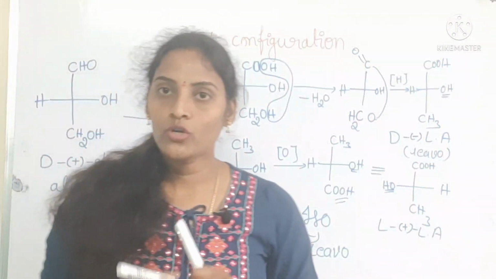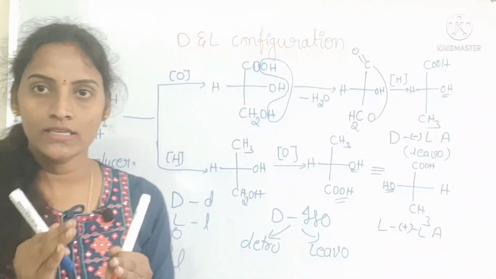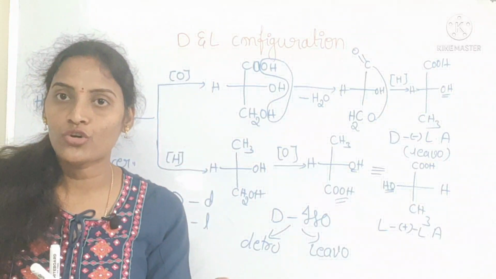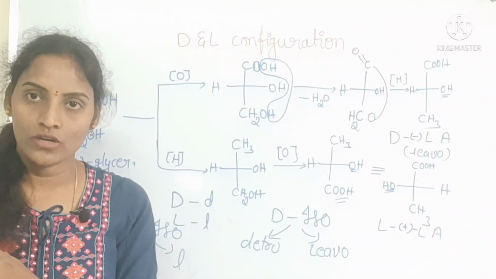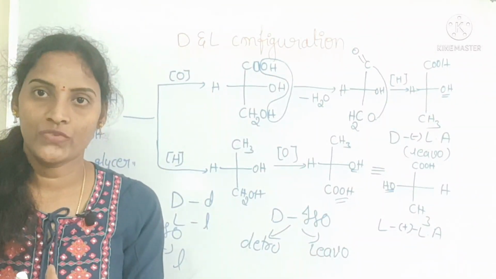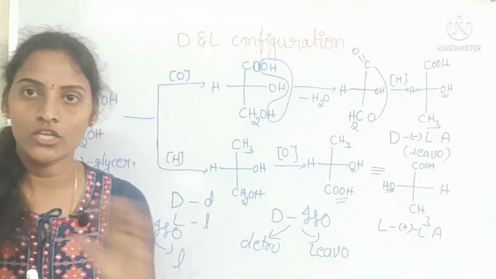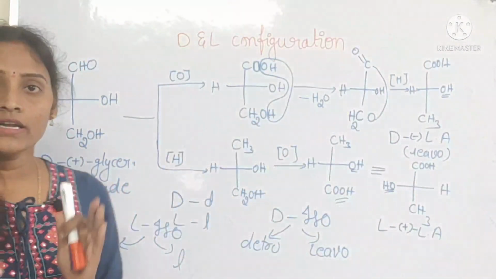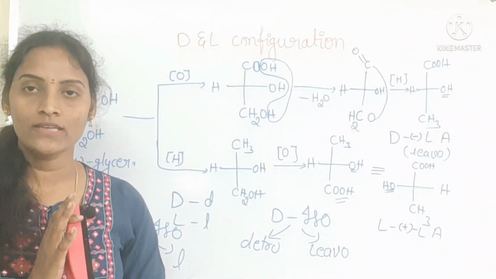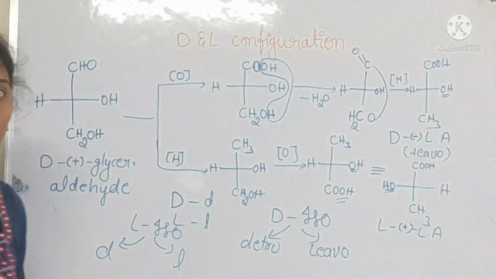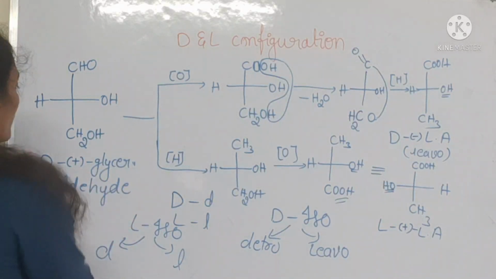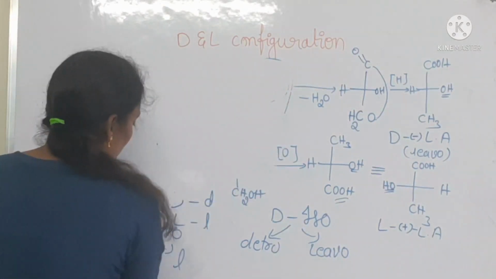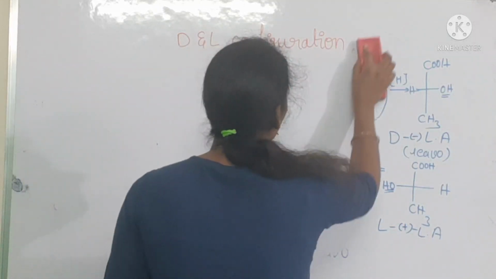You can't conclude directly by seeing a D configuration whether it is levorotatory or dextrorotatory. There is no relation between these two. Coming to the next one, these D and L configurations are also known as relative configurations. Why do we call them relative configurations? Let's take an example, chain elongation reactions.